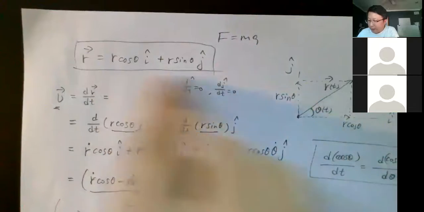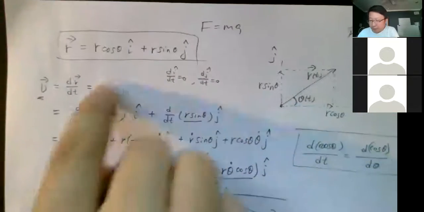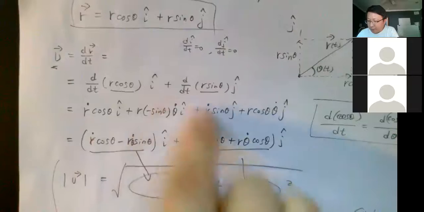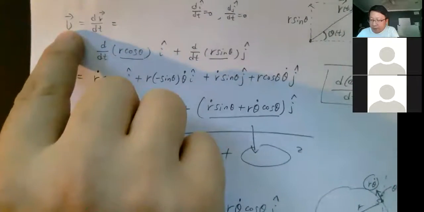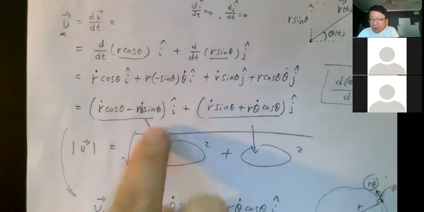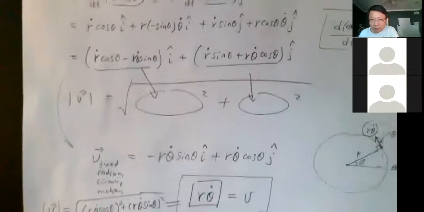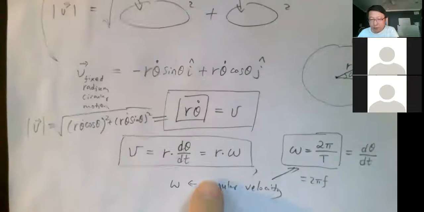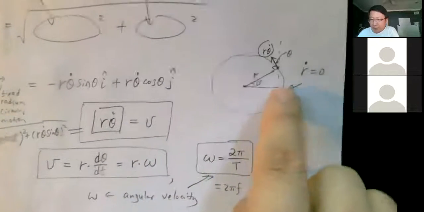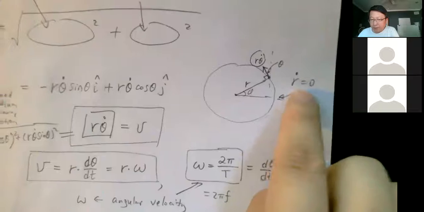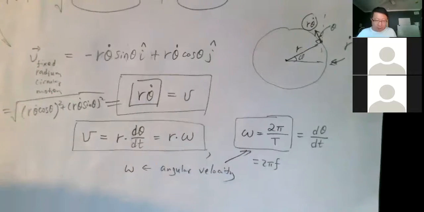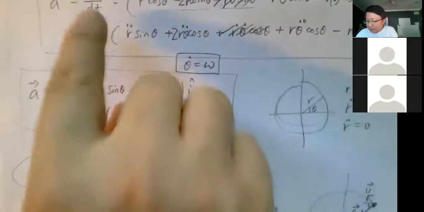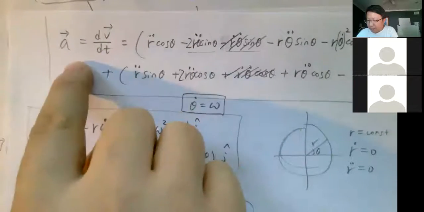I write it down in this polar description, and then by definition velocity is dr/dt, and I do the derivative according to the math rules. Once simplified, r dot equals 0, dr/dt equals 0. Then I do the second derivative, which is the acceleration.